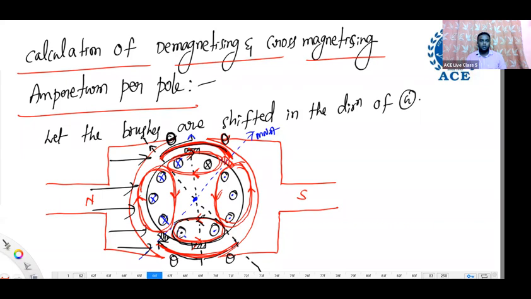Now we have to find how many turns are demagnetizing and how many turns are cross magnetizing. That is what we call the demagnetizing and cross magnetizing ampere turns per pole, and that we have to calculate. Okay, first complete the figure. Take the figure first.